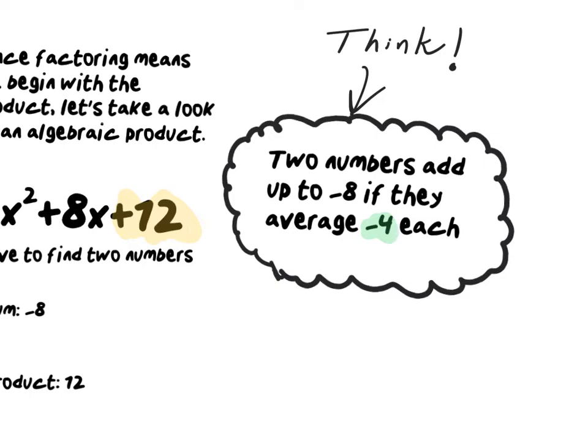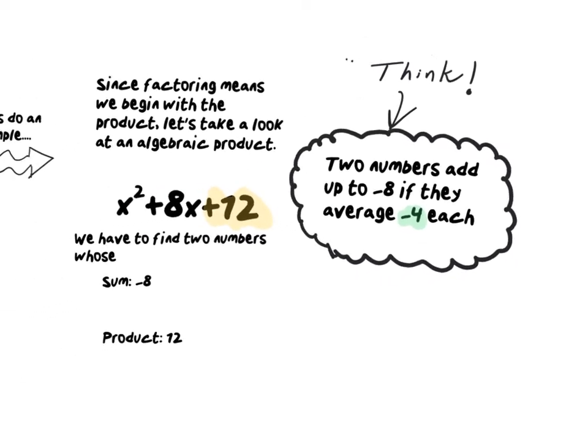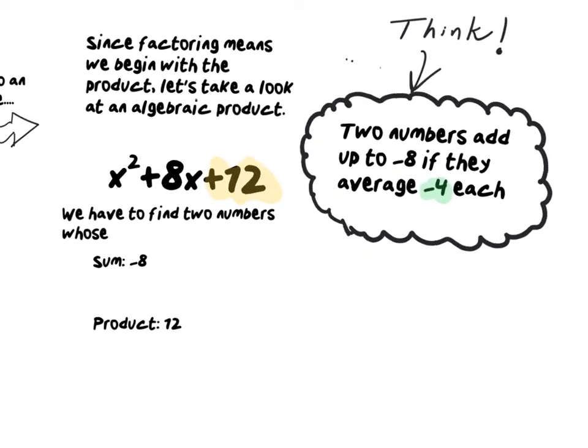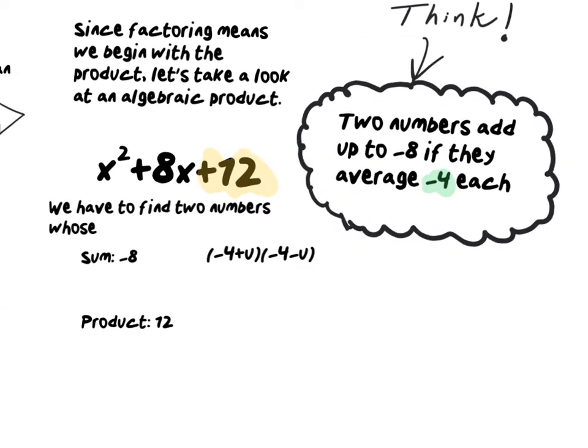So that means I can add a little bit to -4 and I can take away a little bit from -4. That's where I have -4 plus u and -4 minus u, and u is an unknown. Since the product is 12, 16 minus u squared is set equal to 12.